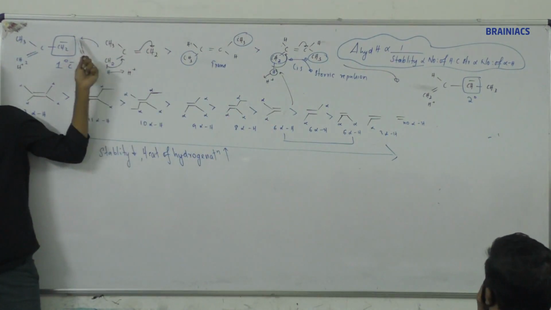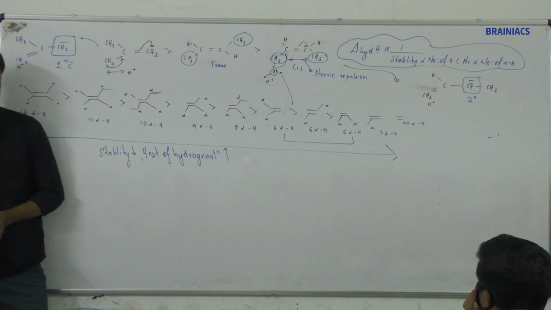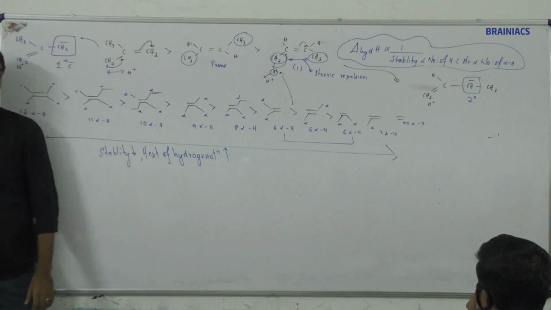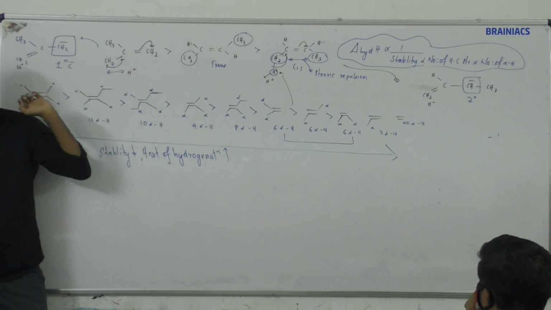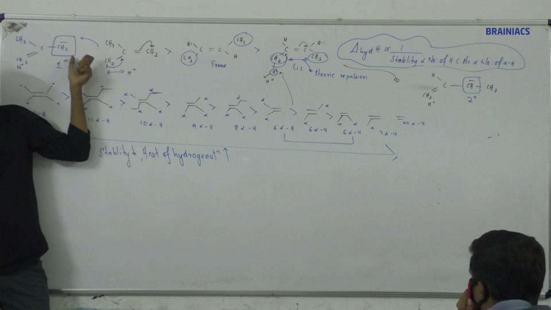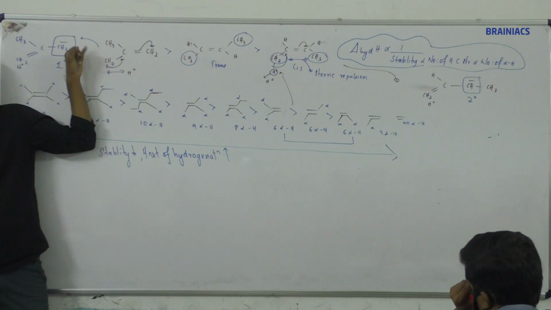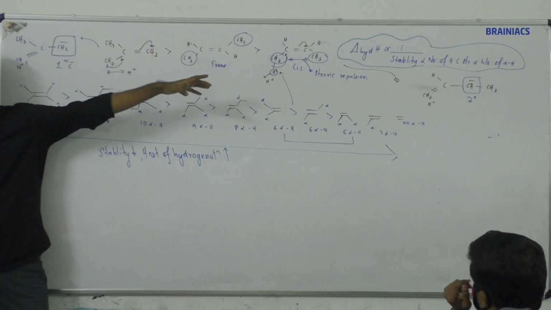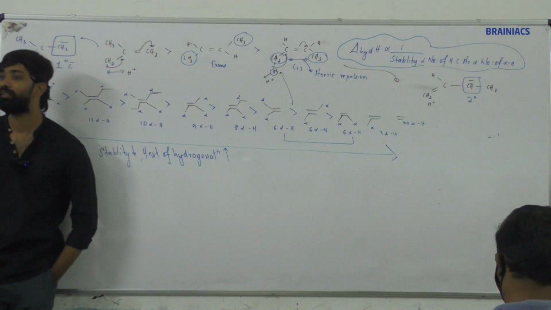Its hyperconjugated structure has greater stability, since the formed carbanion is more stable. So both can show the same number of hyperconjugations, say 6, but the hyperconjugated structures have different stability. This one has greater stability since the formed carbanion is primary, but that one has comparatively less stability because the formed carbanion is secondary.